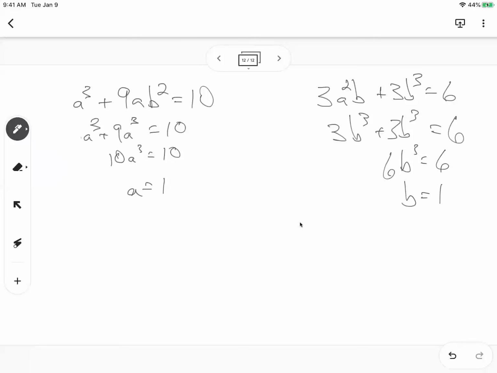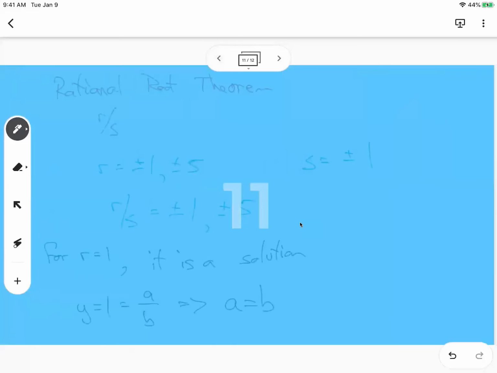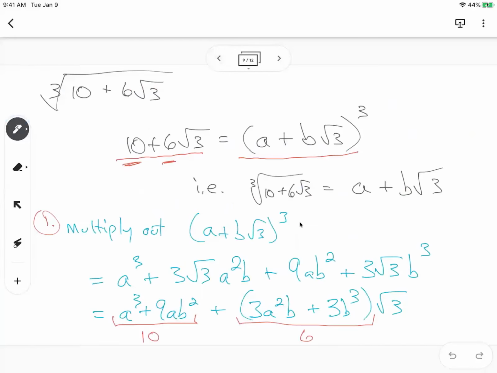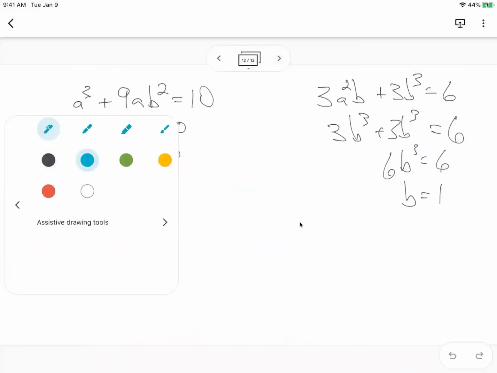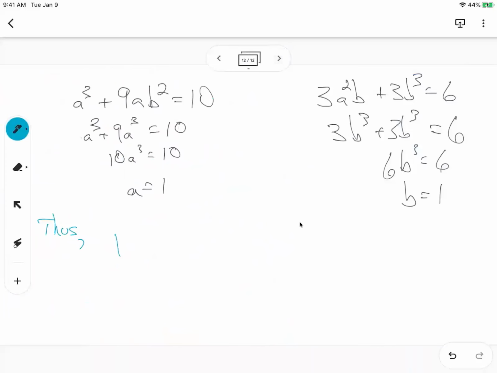So going back to that original assumption, where we had said the cube root of 10 plus 6 root 3 should have the form a plus b root 3, so there I have solved for my a and b.